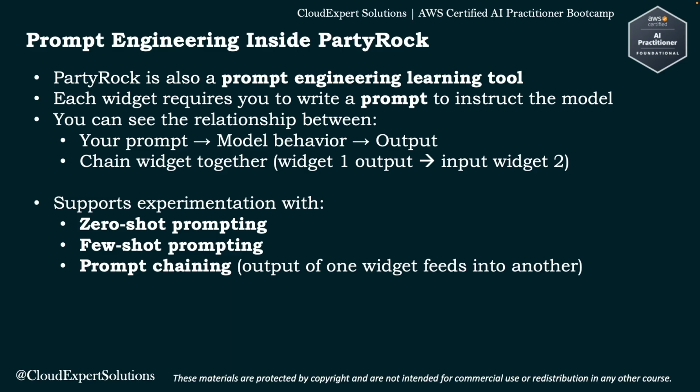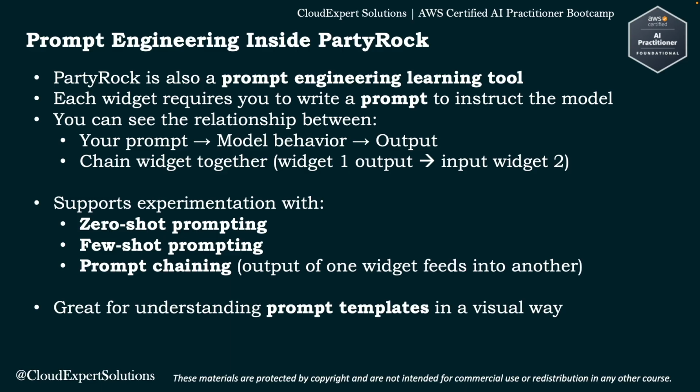The AWS certification guide has an entire task statement on prompt engineering techniques, and using PartyRock is one of the best ways to actually understand these concepts in practice rather than just theory.